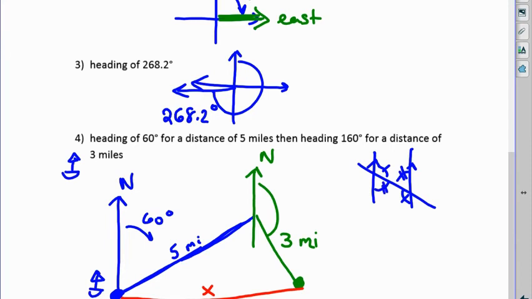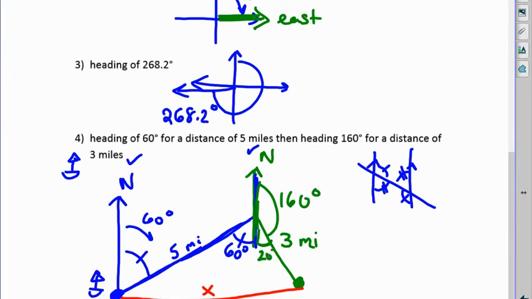So when I look at my line, if I pretend this is a blue line for a second, you can see that this north arrow is parallel to the other north arrow. And so my alternate interior angles, which would be congruent, would be those right there. So this angle right here is actually 60 degrees. But that doesn't help me with this little piece of angle on this side. But if I remember that this is 160 degrees, this little angle must be 20.